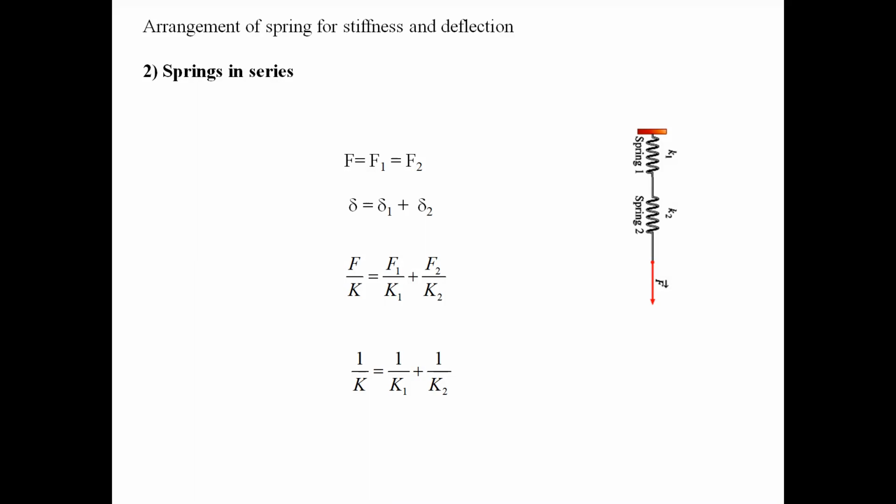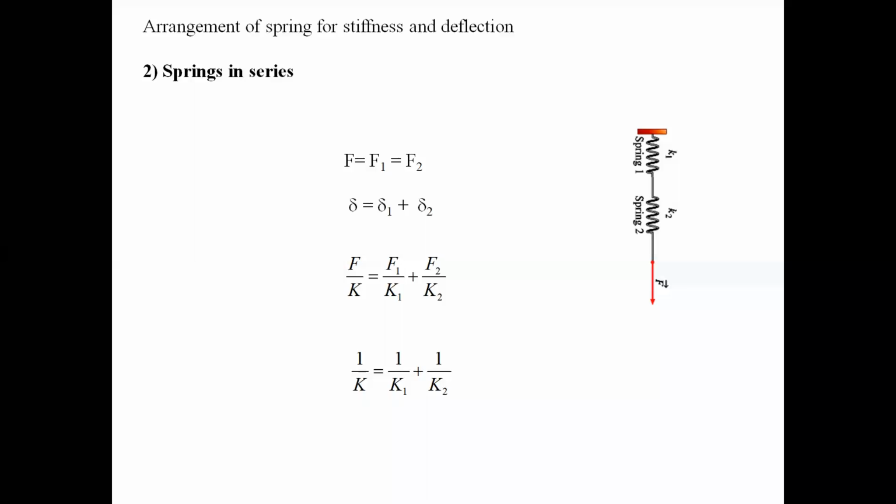Now here also we can put the deflection delta equal to force divided by stiffness. So delta is equal to F1 by K1 plus F2 by K2. Instead of delta 1 we put force F1 divided by stiffness K1, and F2 divided by stiffness K2. Now here the force is the same.